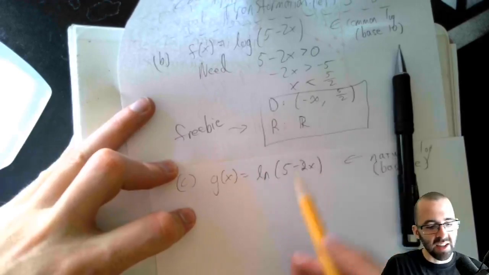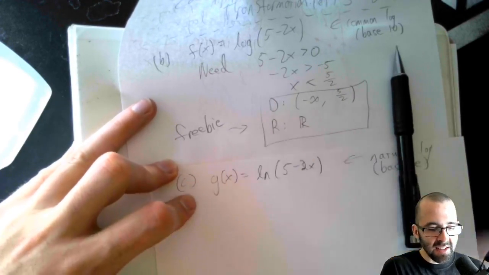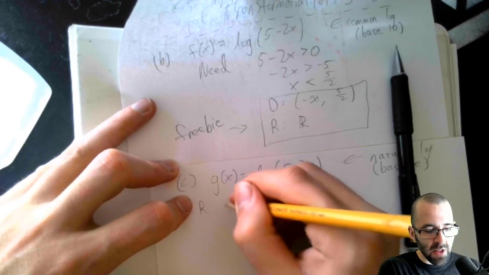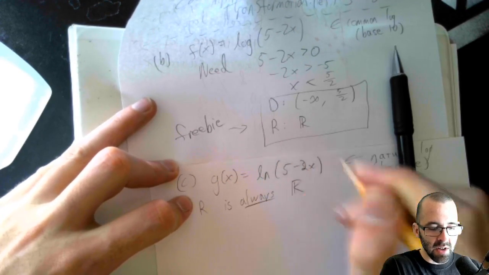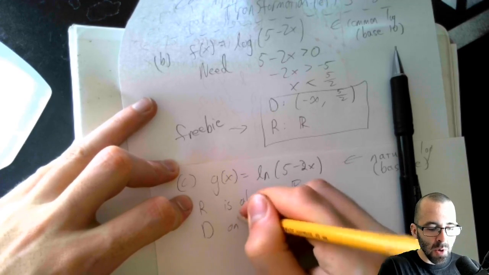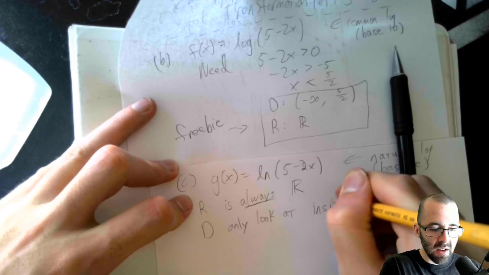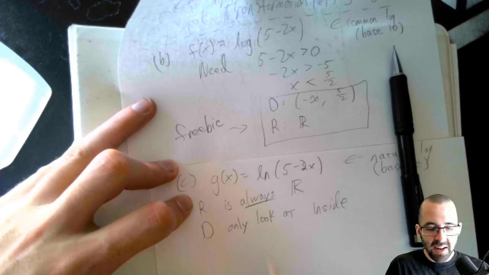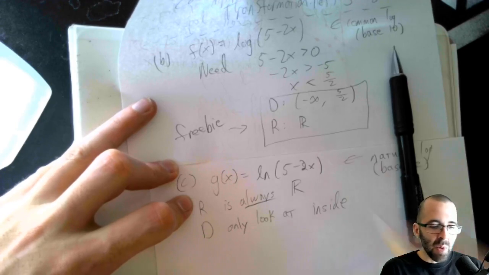So it's interesting that for logarithms, to find the domain, we only look at the inside. The range is always all real numbers. And for the domain, you only look at the inside, which means that everything that's not on the inside doesn't affect the domain. So we already found it.